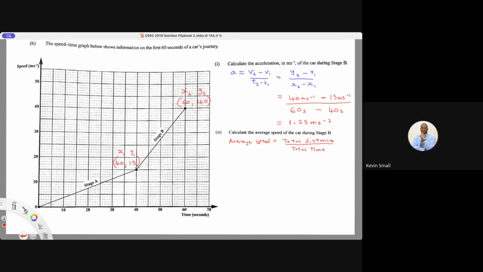it says stage A, it says stage B. So you have to find the area under stage B. The area under stage B. And to work out this area, remember it is a trapezium. So you work out the area of this trapezium.